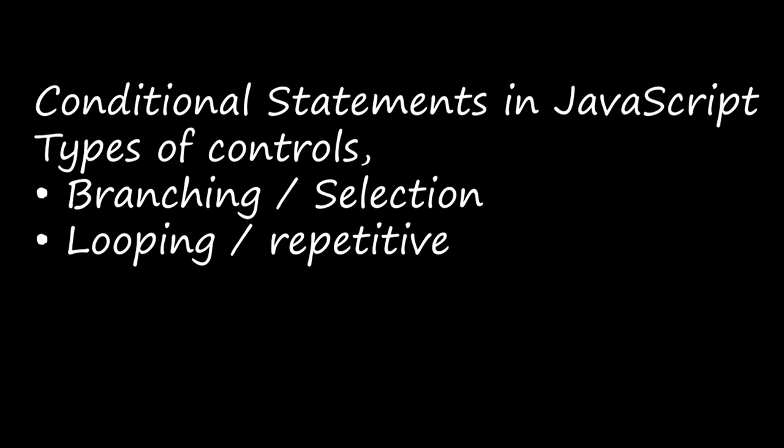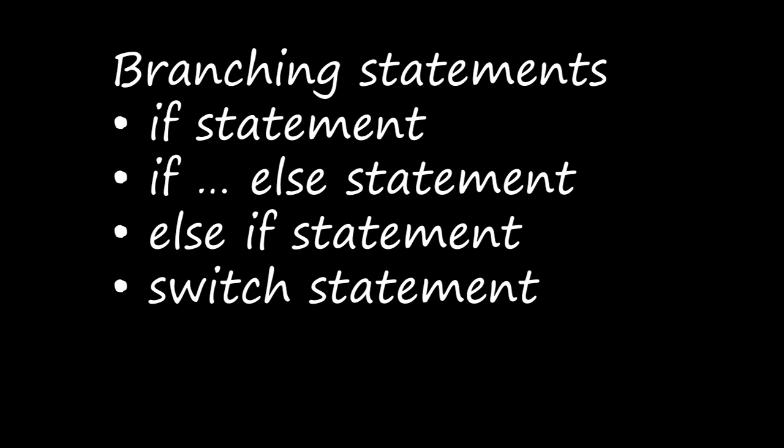That means here we have some different branching statements. They are if statement, if else statement, else if statement, switch statement, right? Here you have to study the types of branching statements. First we saw this chapter is control structure, right? Control structure means here we have some conditional statements.